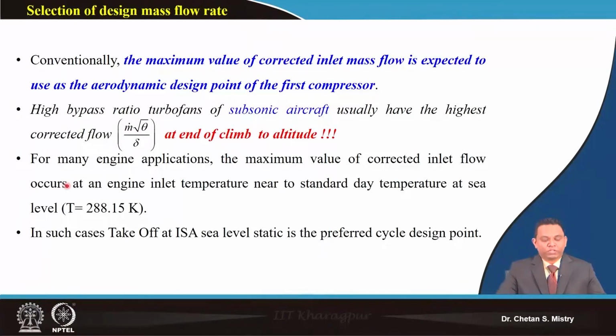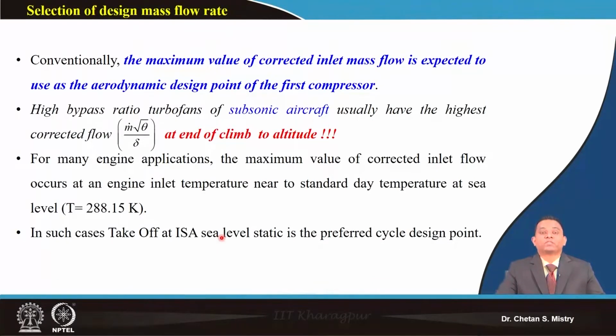But it is universally accepted, as we have discussed, that people do the design for a corrected mass flow rate condition, and that is based on ISA. In such cases, takeoff at ISA sea level is preferred as the cycle design point. So selection of mass flow rate is very important, and that is the reason why we have introduced the parameter of corrected mass flow rate.